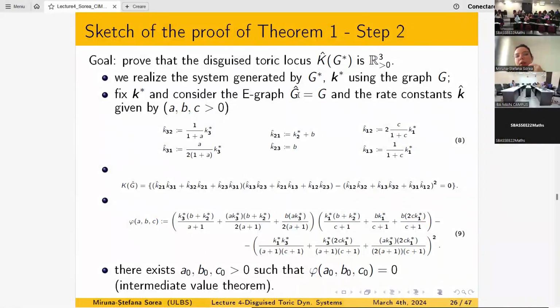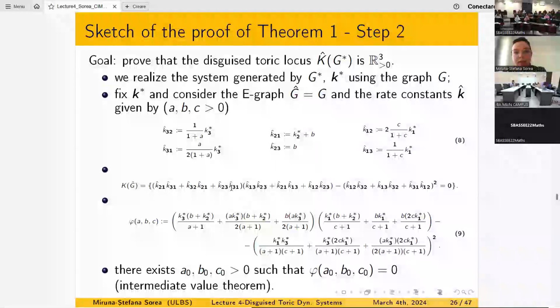Now the toric locus of G hat, we knew from Friday, is this hypersurface, given by this equality in the K hats. It's exactly this hidden binomial.